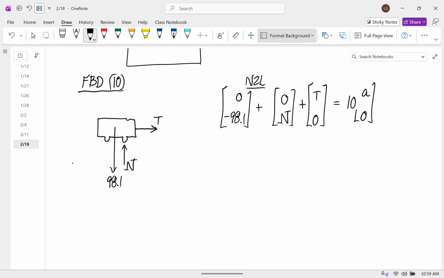And if it comes out negative, it'll do that in the math. All I have to do is figure out a coordinate axis that it moves along. That's my only concern there. The y equation tells us that N is equal to 98.1. That's not going to come into anything. And the x equation says T is equal to 10a. And we can't solve this yet because it's one equation for two variables. So I'll just put a sticky note on it and set it aside.